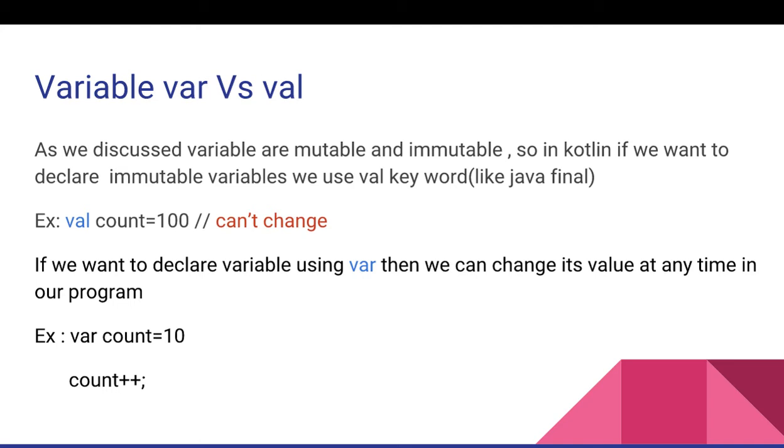And if we want to declare a variable whose value can be changed, we have to use the var keyword. Suppose here is var count equals 10. After that we can modify the value of count, for example count plus plus, because we declared count as a var.